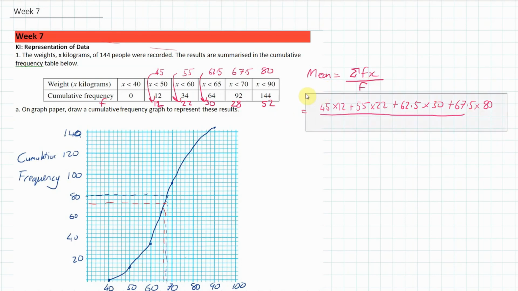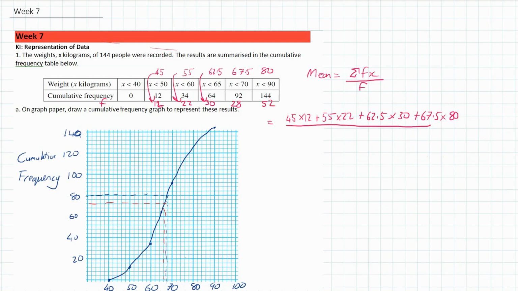Here's what I'm going to do. I'm just going to shove this all along here a bit. And the last one, plus 80 times 52. And that should be all over the total frequency, which is 144. Now, if we chuck that into our calculators, what do we get?